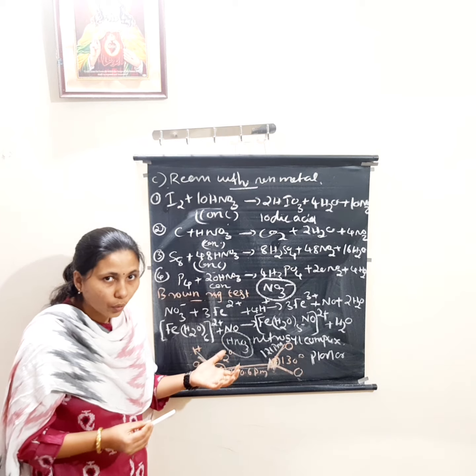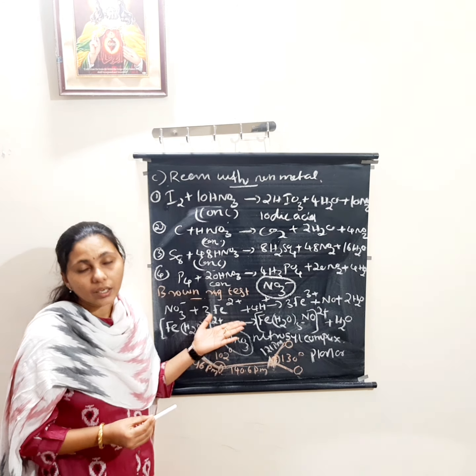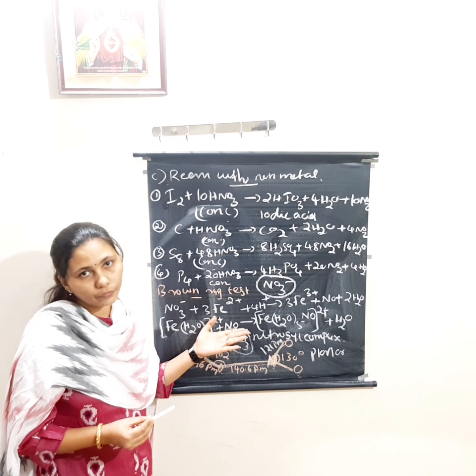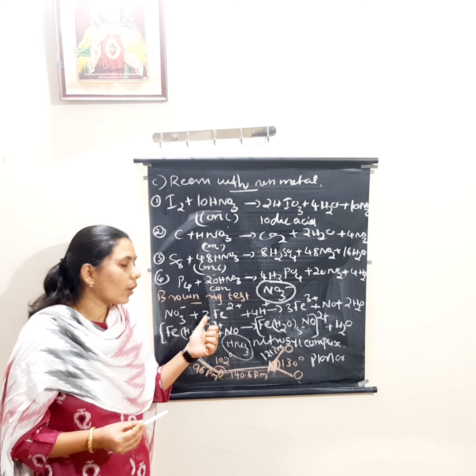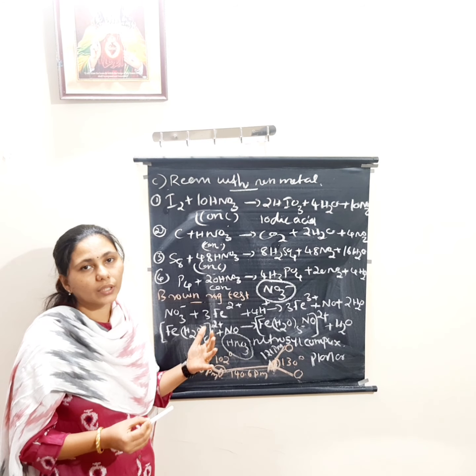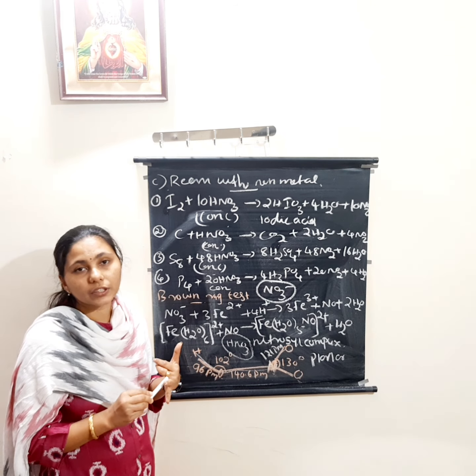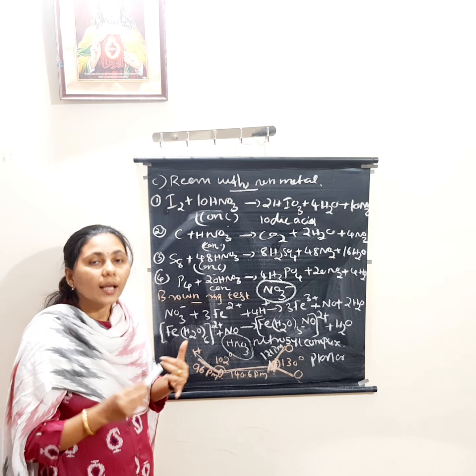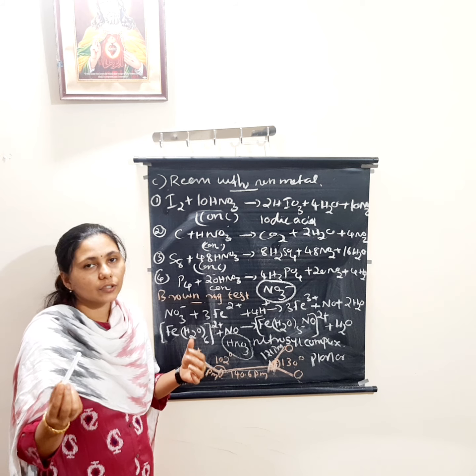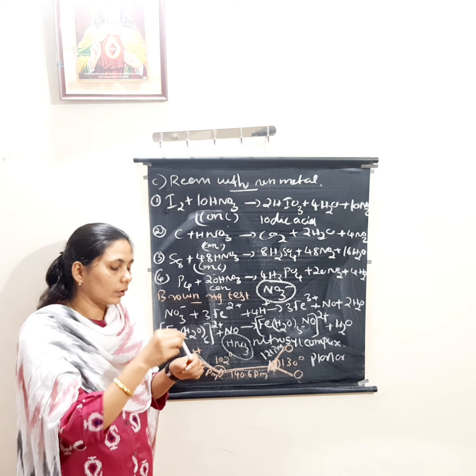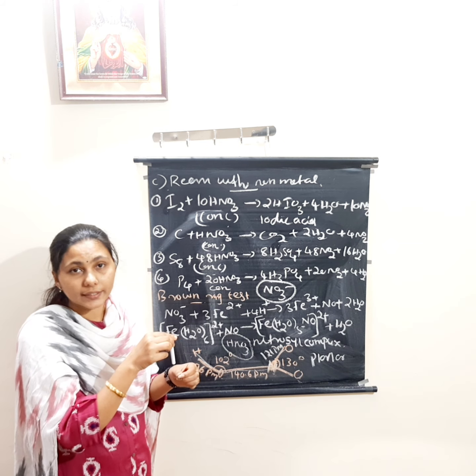Then next is the brown ring test. We know what the brown ring test is. We are doing this test in the lab for the detection of nitrate. Okay. So how are we doing the test? All of you know what we are doing. Concentrated sulfuric acid is mixed with our which one? Salt solution. Then freshly prepared ferrous sulfate solution we have to add through the side of the test tube.